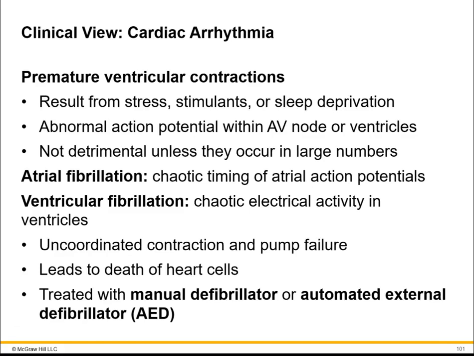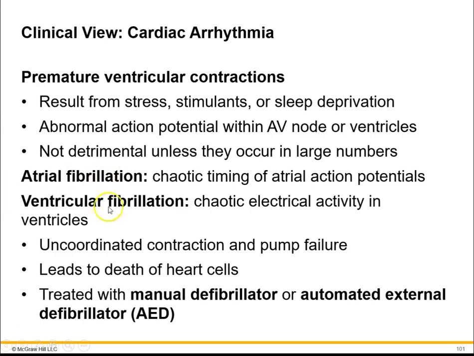Now, these happen occasionally, normally, in healthy people, and so they're not detrimental unless they occur in large numbers. When they occur in large numbers, you're going to have trouble with your ventricles pumping enough blood out because they're not relaxing like they should. They're not filling up fully with blood.